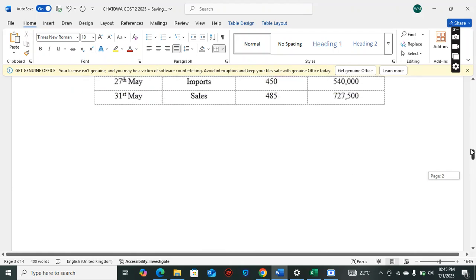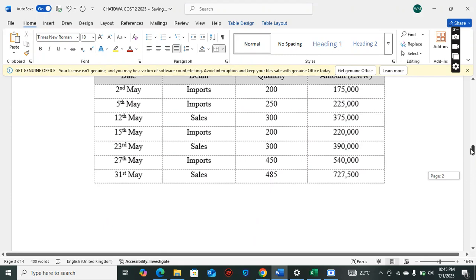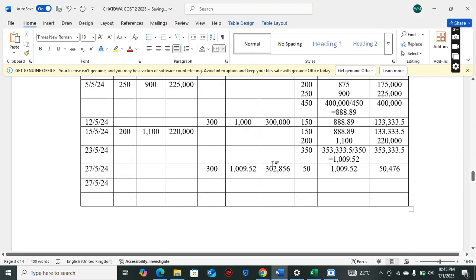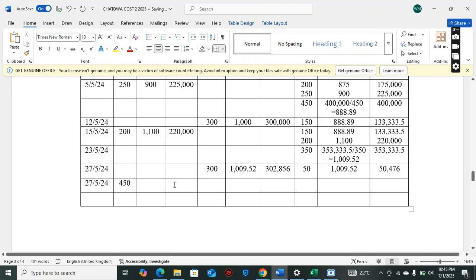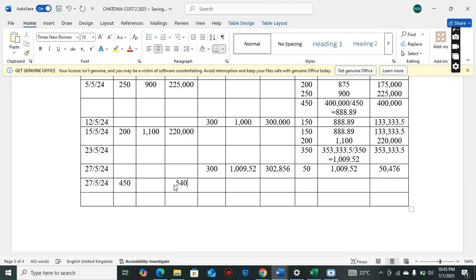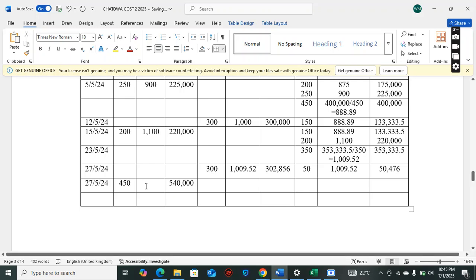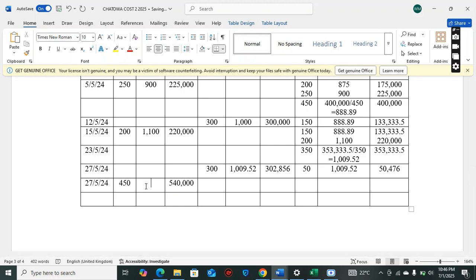Got how many solar panels? 450. Total value 540,000. So get our cost of the solar panel. So 450, 1,200, 1,200.